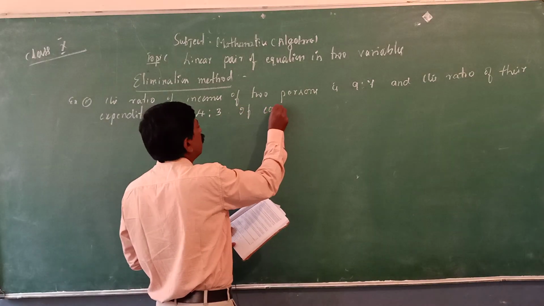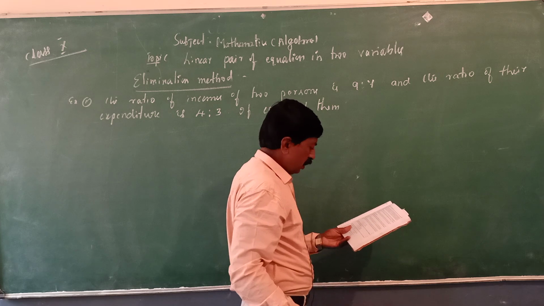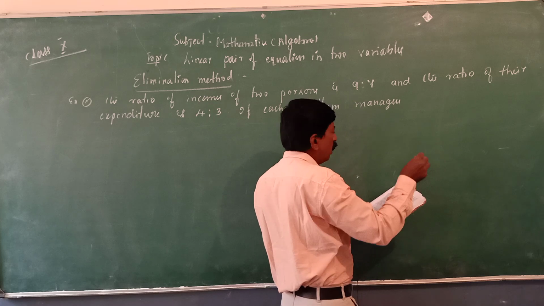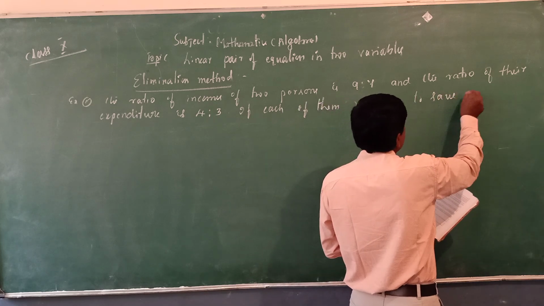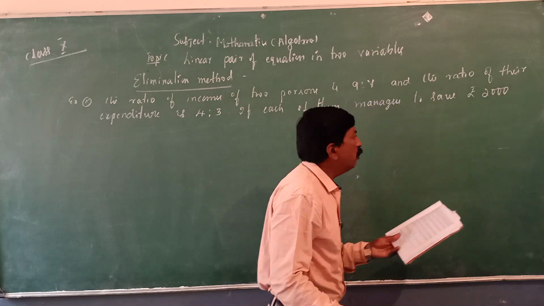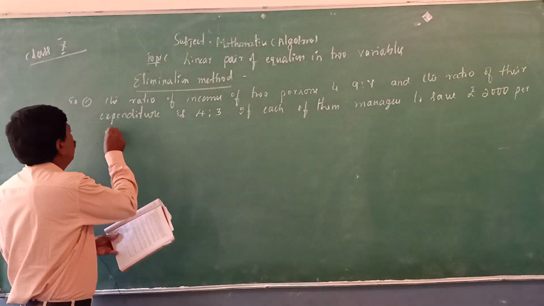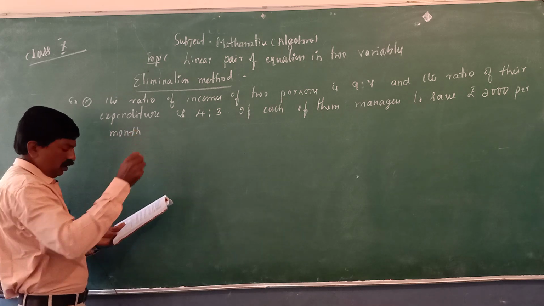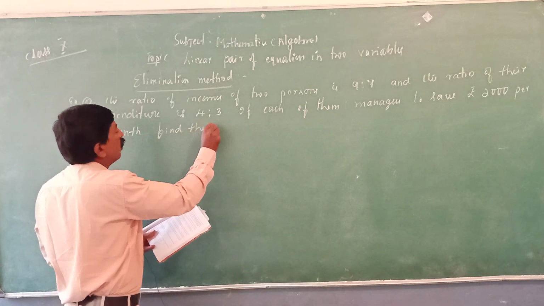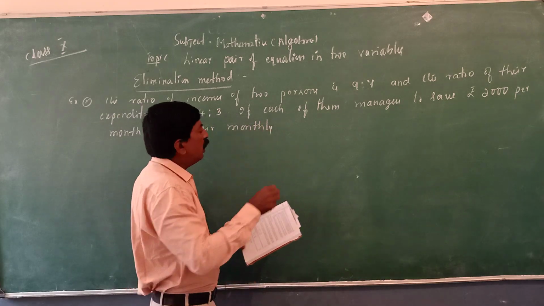If each of them manages to save rupees 2000 per month, find their monthly incomes.